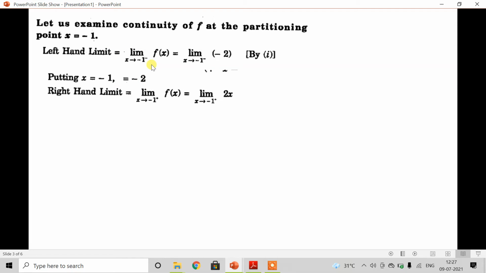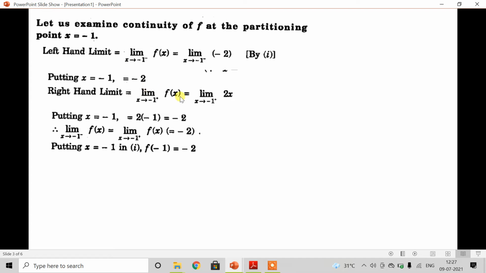On the right of minus 1, the function is defined as 2x. So when we find the right hand limit, f(x) will be replaced by 2x. Now put x equal to minus 1, then this becomes minus 2. So from here we see that the left hand limit and right hand limit are equal.